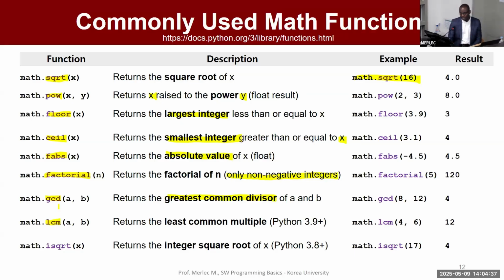This function returns the least common multiple of a and b. And then you have isqrt that returns the integer square root of x, given as an input parameter. LCM was introduced in Python version 3.9 and plus, while isqrt was introduced in Python 3.8 and plus.